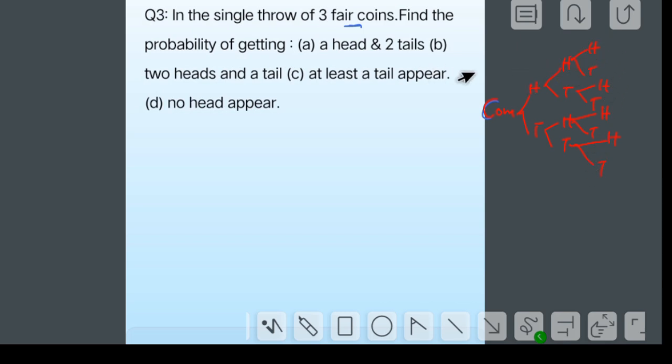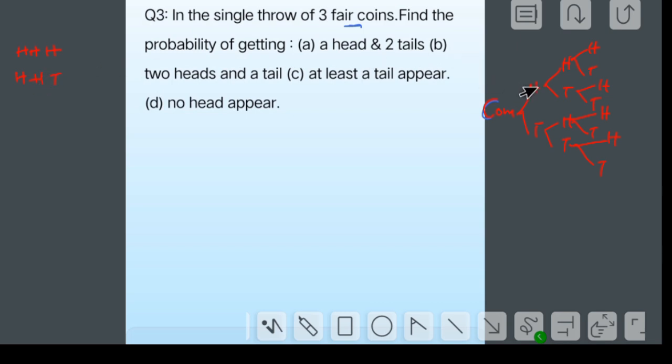So what is the sample space? We have head, head, head. That is the first sample space. I'm going to do that over here. The sample space will be head, head, head. Then we can have head, head, tail.